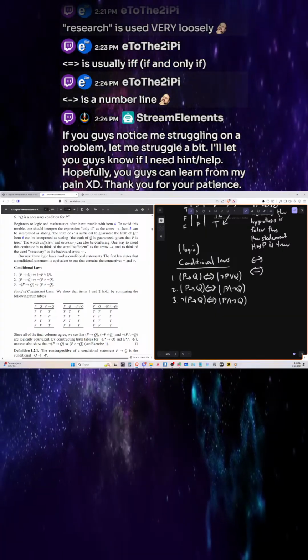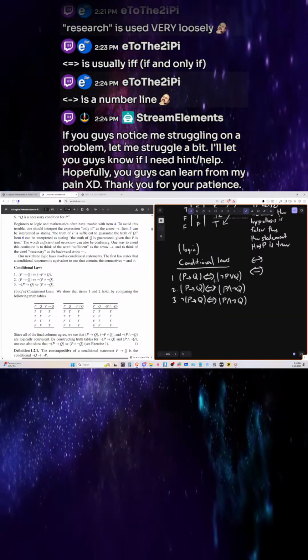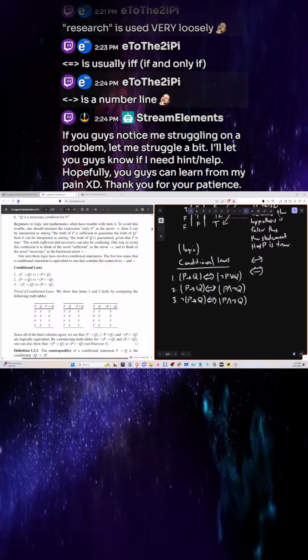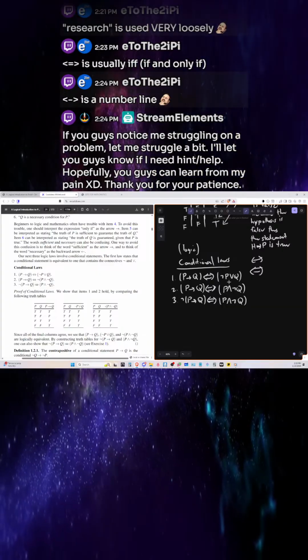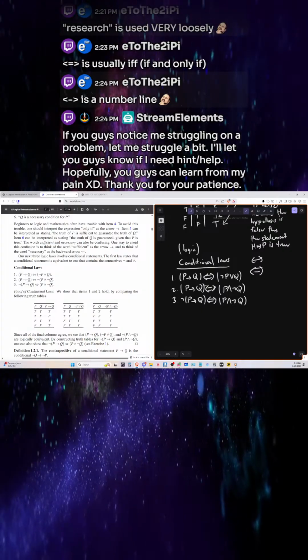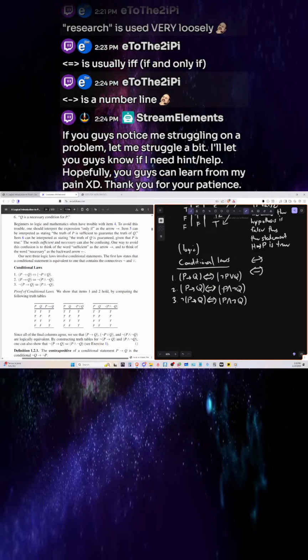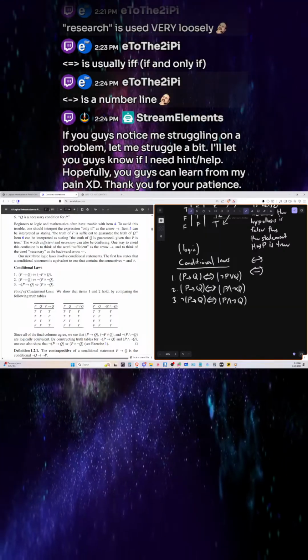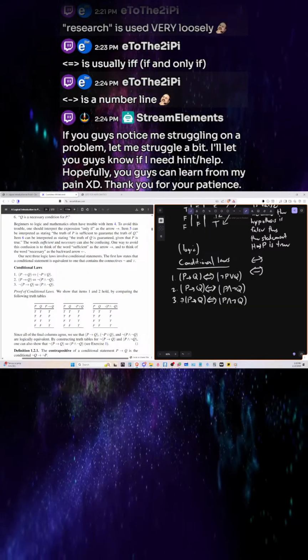Okay, P implies Q, if and only if, not P or Q. P implies Q, if and only if P and not Q. Okay.